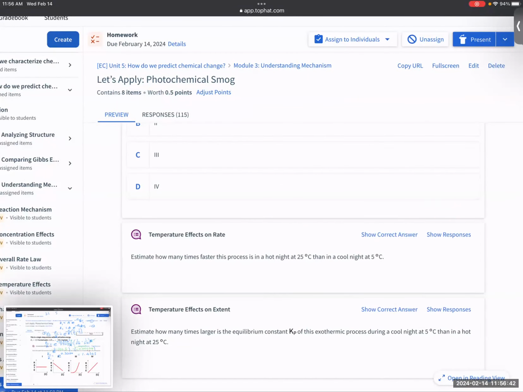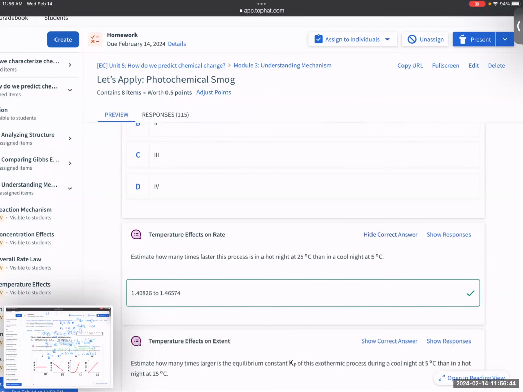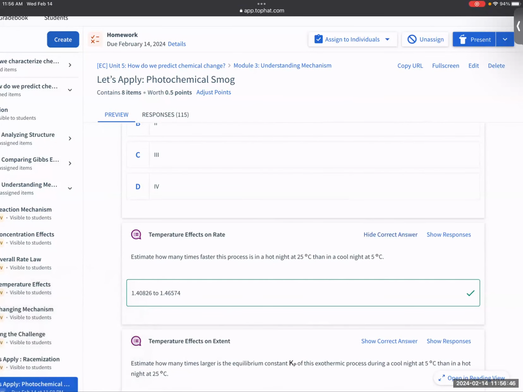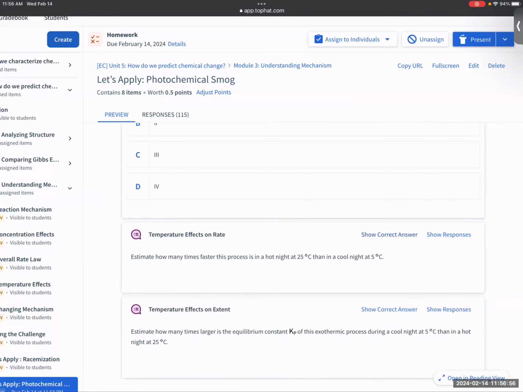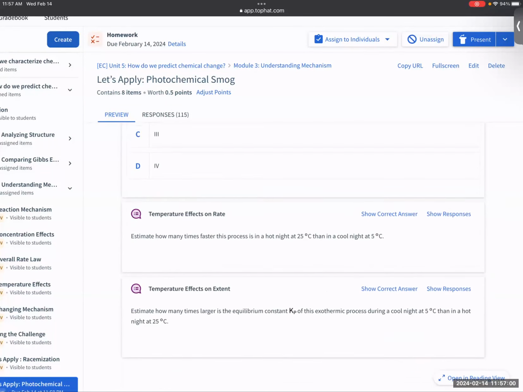That's better. This time the answer came out correct. It's 1.4345, so that should be the answer. All right, so we got everything right, actually. The only thing is one of the answers had got one incorrect.